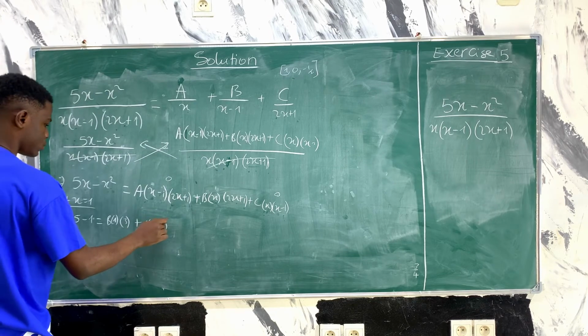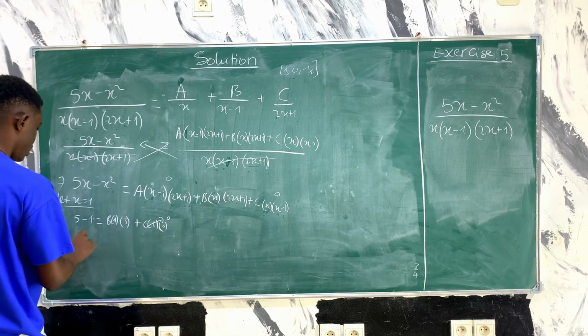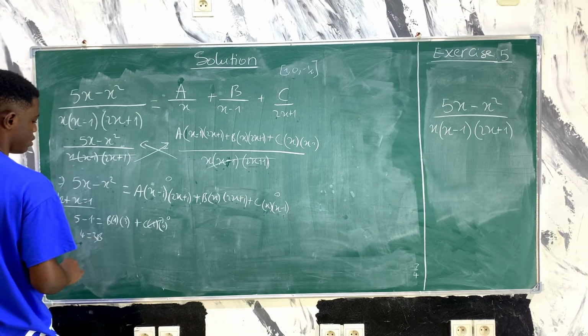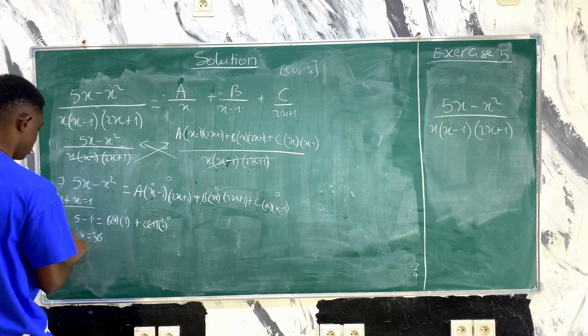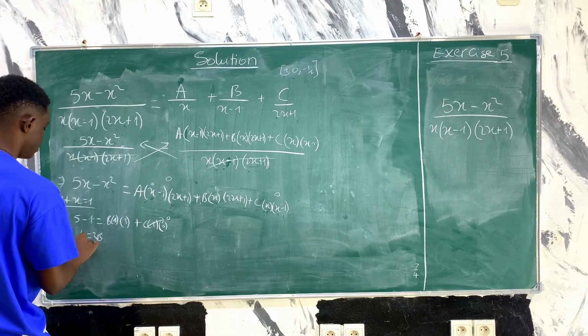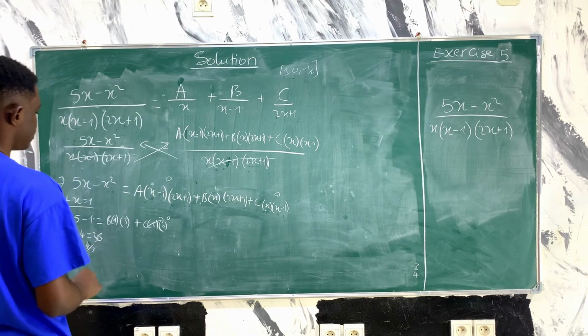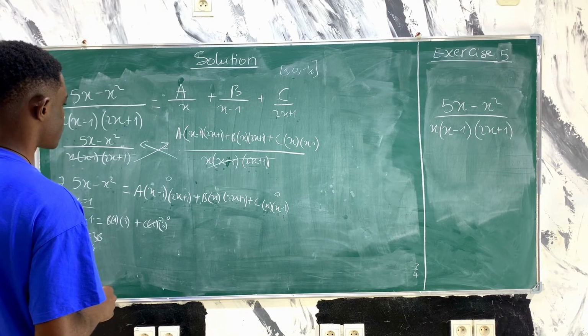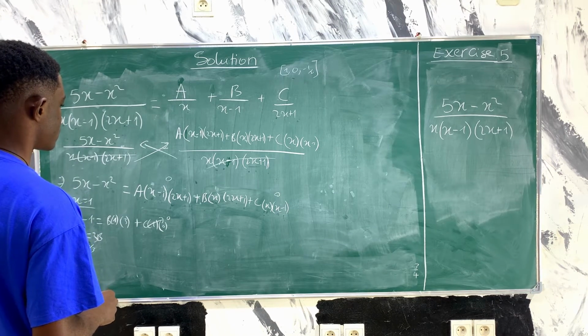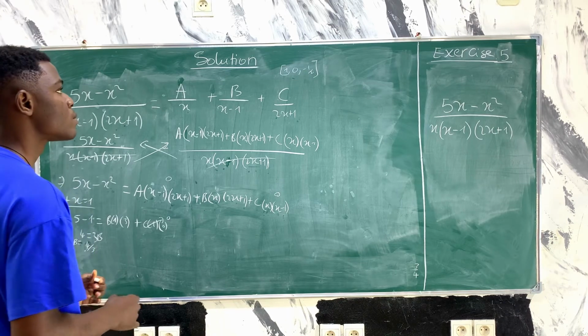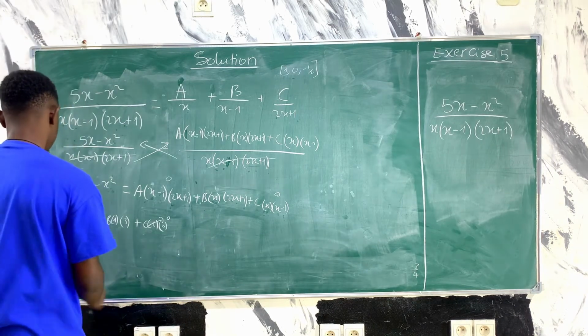So 5 minus 1, which is 4, is equal to 3b, which implies b is equal to 4 on 3. Yeah, that's it when I let x be 1.